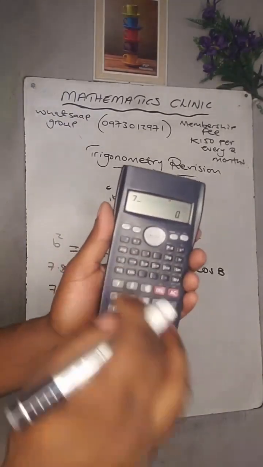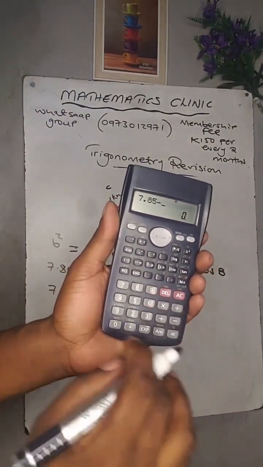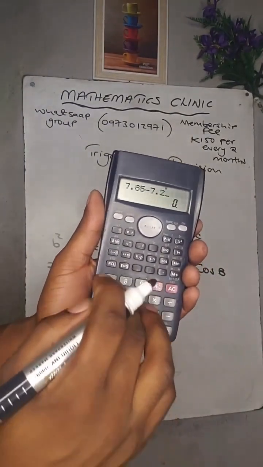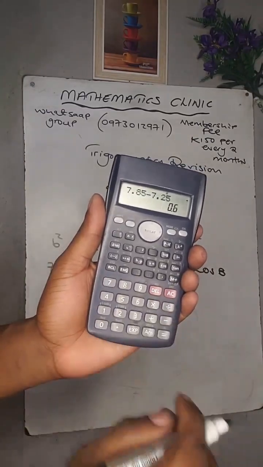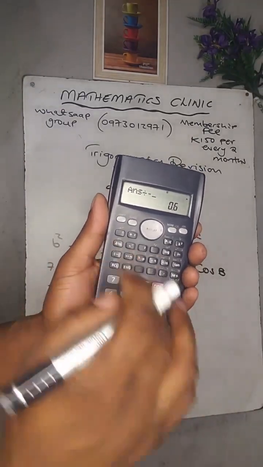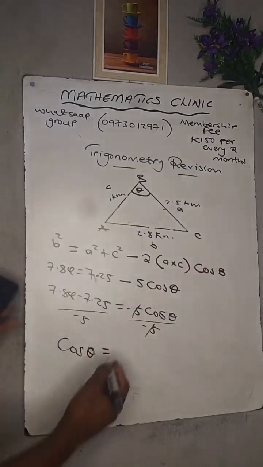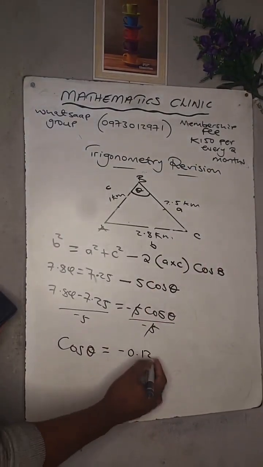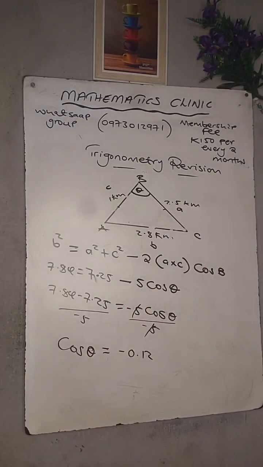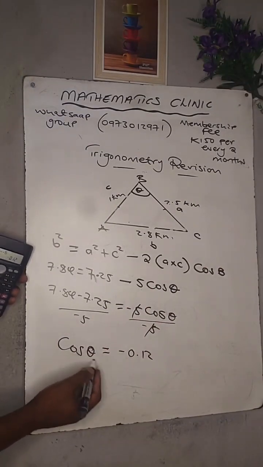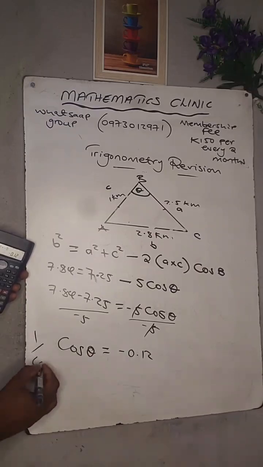You can just say 7.84 minus 7.25, divide by negative 5. We have negative 0.12. Okay? Then we want to remain with theta alone. That means we are going to say 1 over cos on both sides.